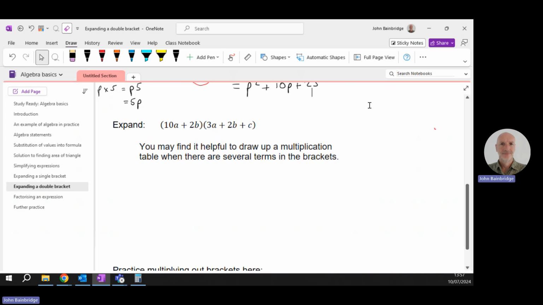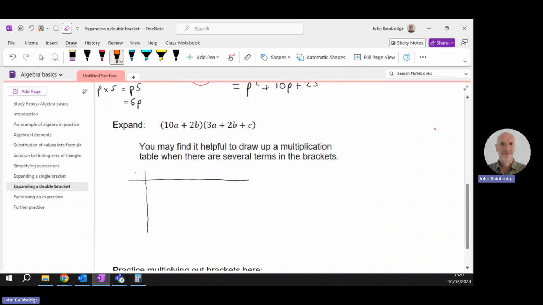And the last example of multiplying out brackets is this one here. The difference with this one is that the second bracket has more than 2 terms. It has 3 terms. Now, as you've got more terms in the brackets, sometimes it's useful to do the multiplication in the way of a table. So I write down a table, like a multiplication table.